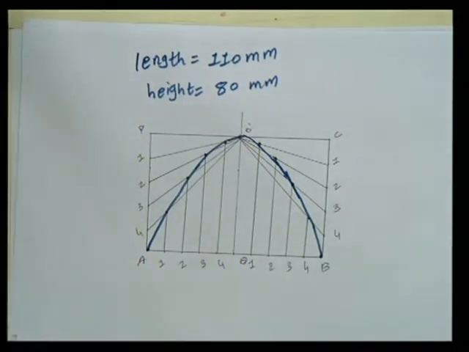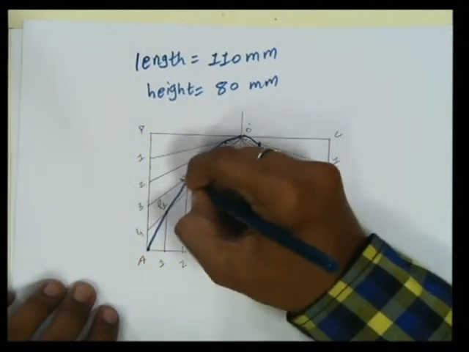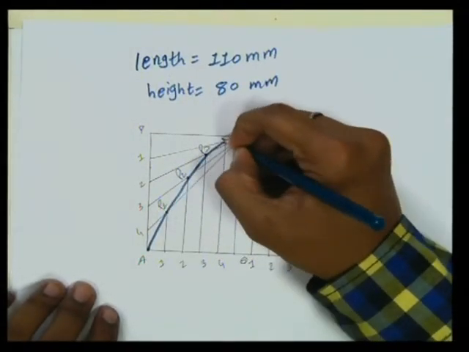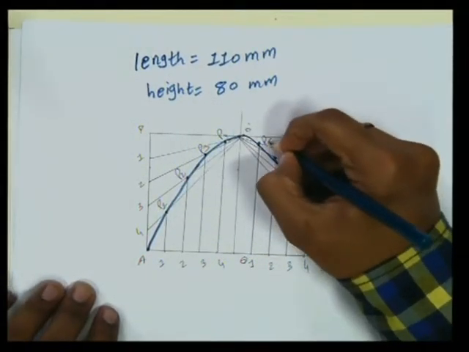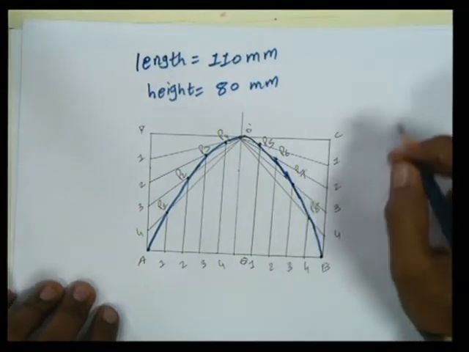We have got this parabolic shape. Giving nomenclature as well: P1, P2, P3, P4, P5, P6, P7 and P8.